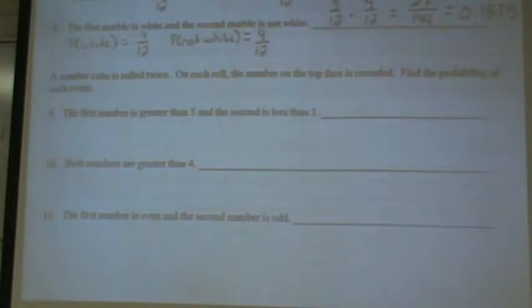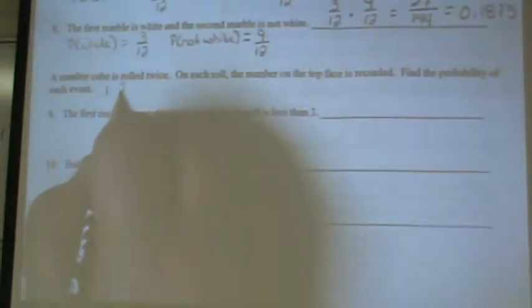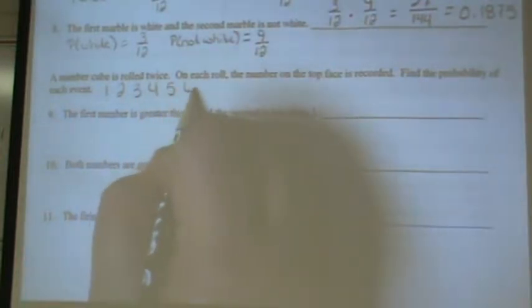So these are independent events, so we're just going to multiply the probabilities of each event. So for number 9, it says that the first number is greater than 5 and the second number is less than 3. So I like to look at what my choices are for a number cube, and those are the numbers 1 through 6. I just like to be able to see them. It makes it easier to figure these out.